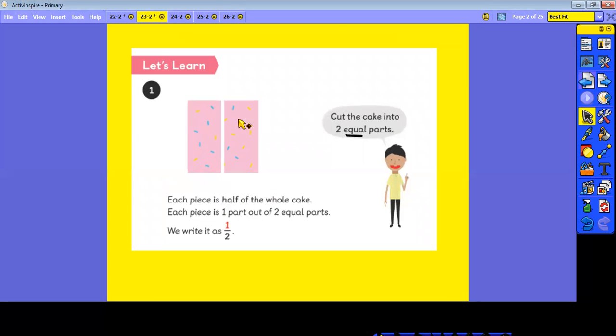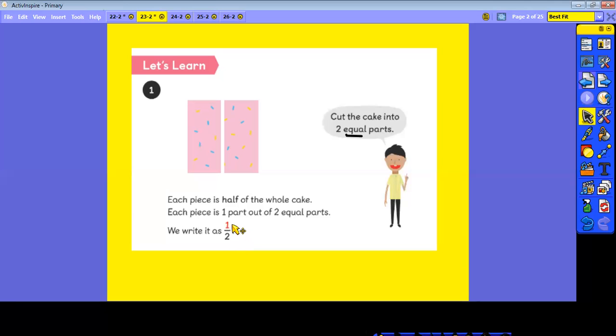One half here and one half here. Each piece is one part out of two equal parts. And we write that as 1 over 2, 1 out of 2.